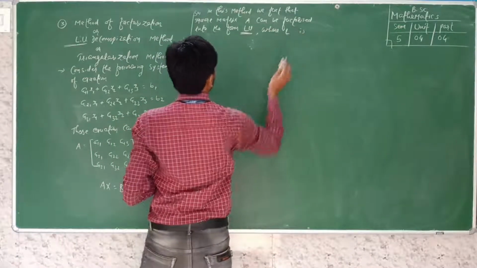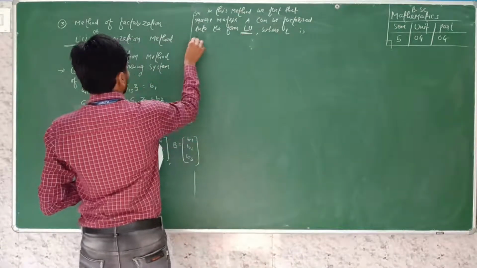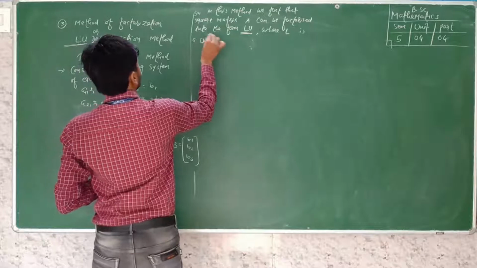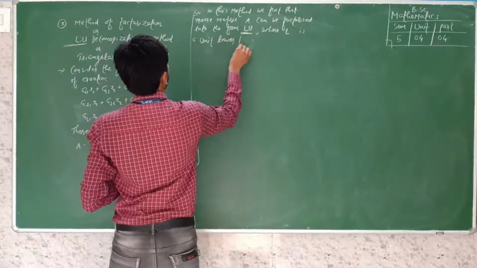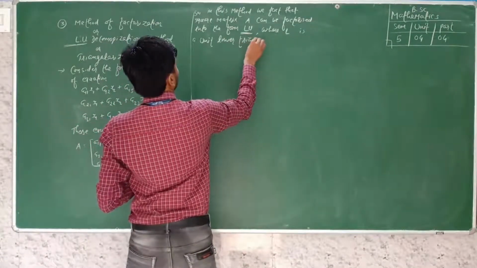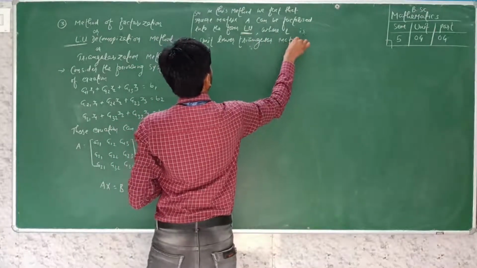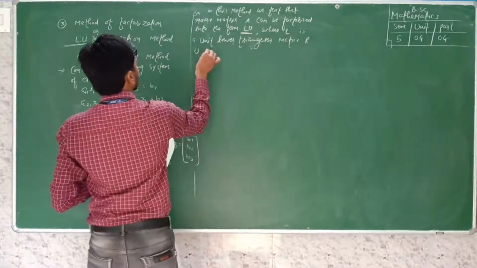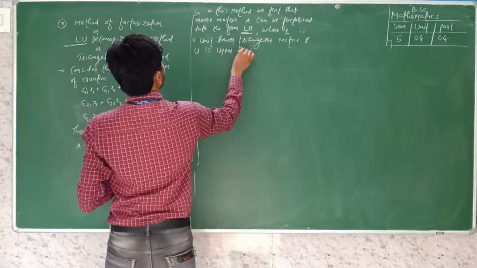What is L and what is U? Where L is a unit lower triangular matrix, remember that, and U is an upper triangular matrix.